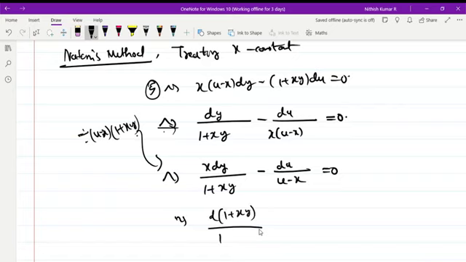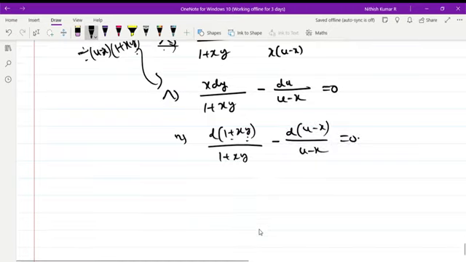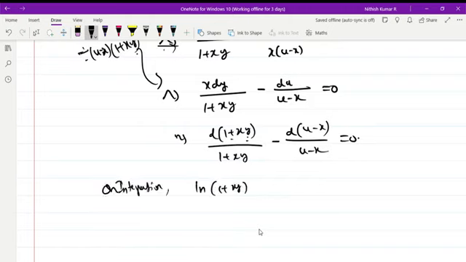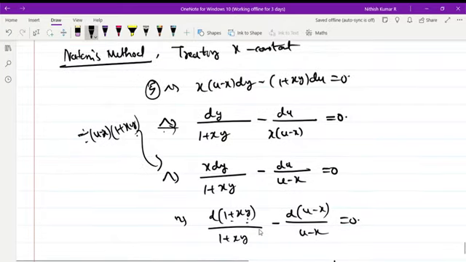Dividing throughout by x into u minus x into 1 plus xy, we get dy divided by 1 plus xy minus du divided by x into u minus x equal to 0. Now just multiply by x, you will get x dy divided by 1 plus xy minus du divided by u minus x equal to 0.